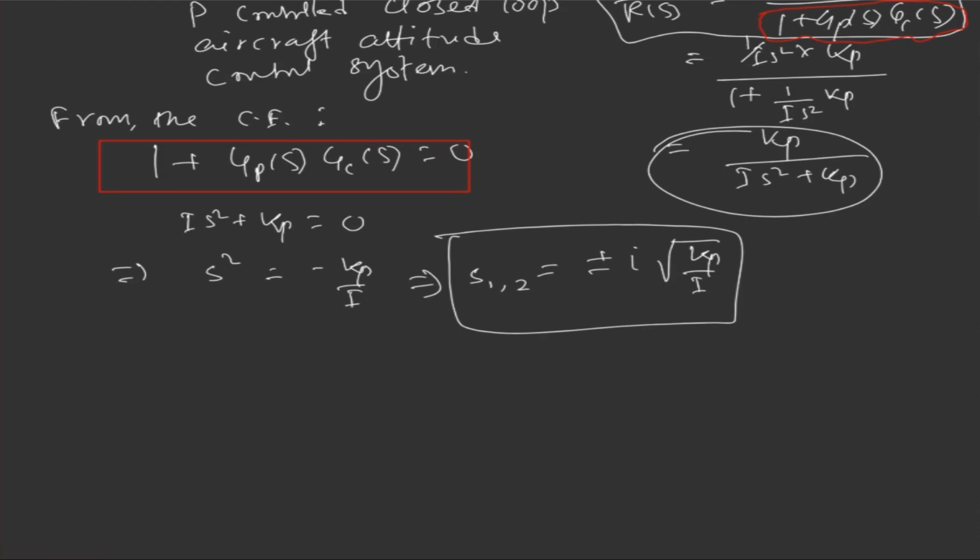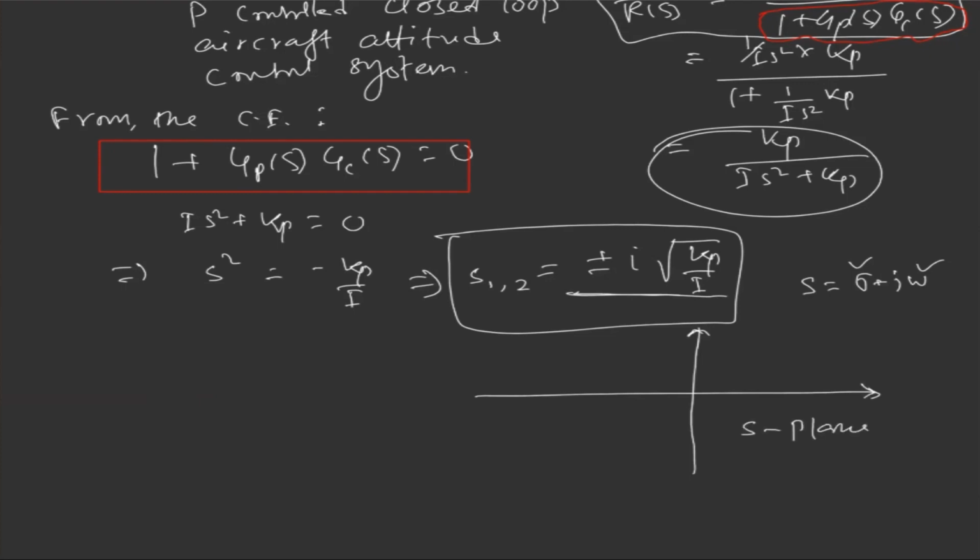So if you place these poles in our real and imaginary axis, as I said before, S we can write as sigma plus j omega. So this is the real part and this is the imaginary part. In this case, we are having only the imaginary part, and this is what we call the S plane, with the real axis and the imaginary axis.